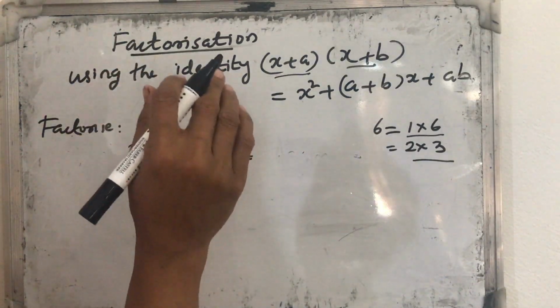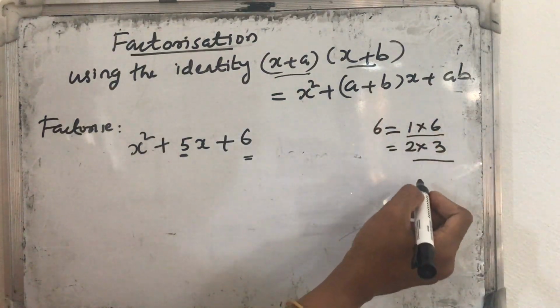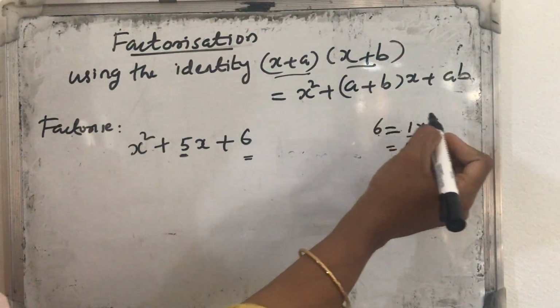For numbers whose product is 6, these two are possibilities: 1 into 6 and 2 into 3.